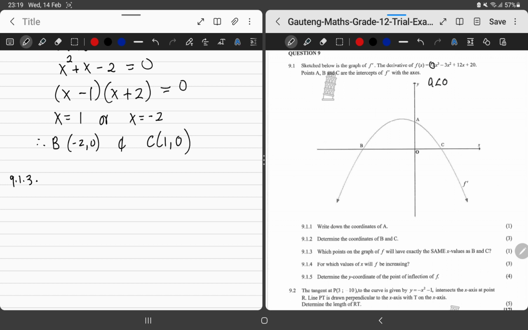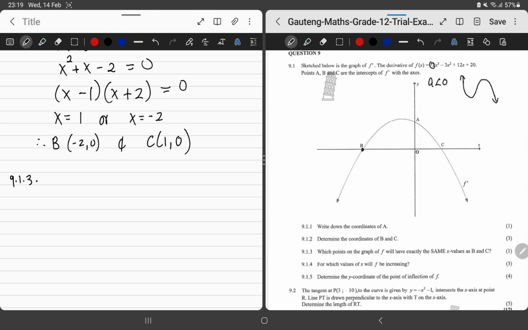So I am going to have an increasing function, so my drawing will look like that because the value of a is less than 0.